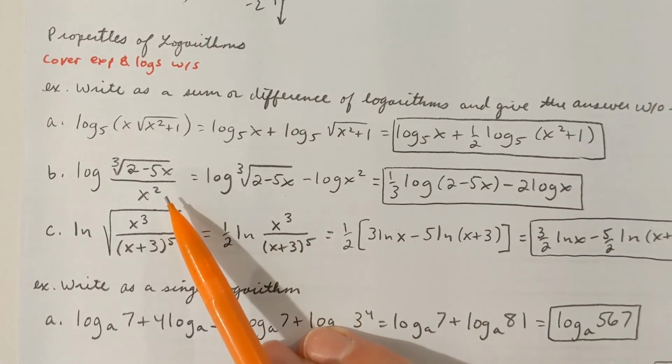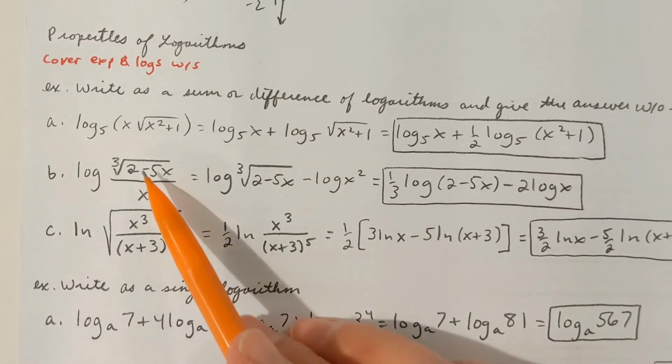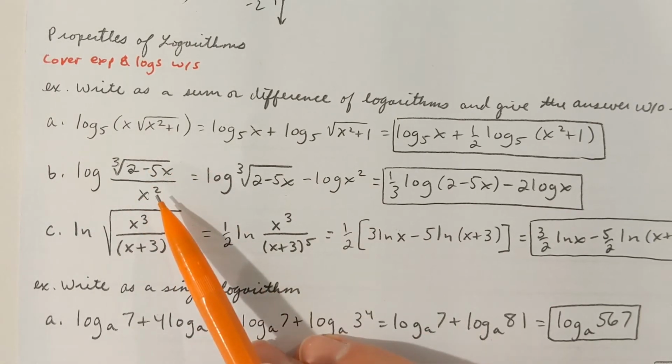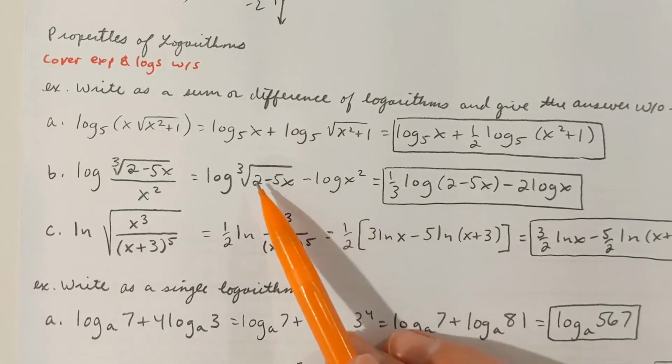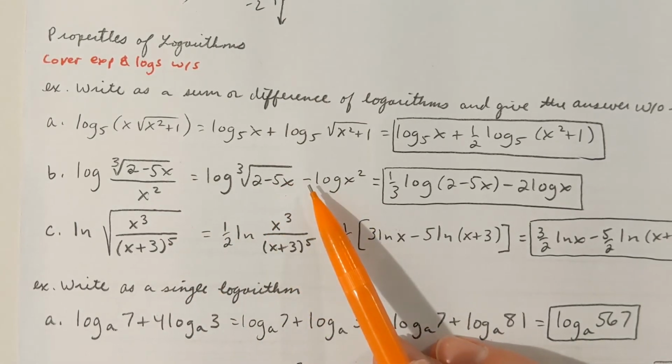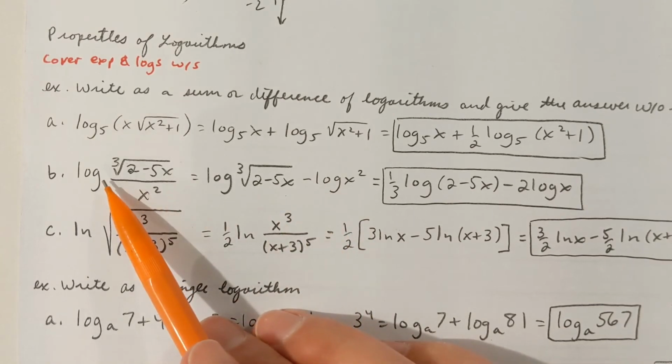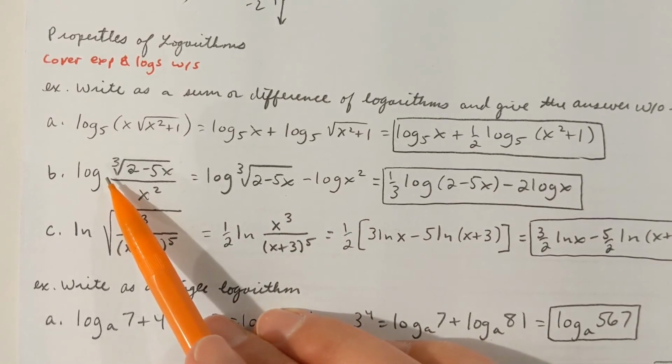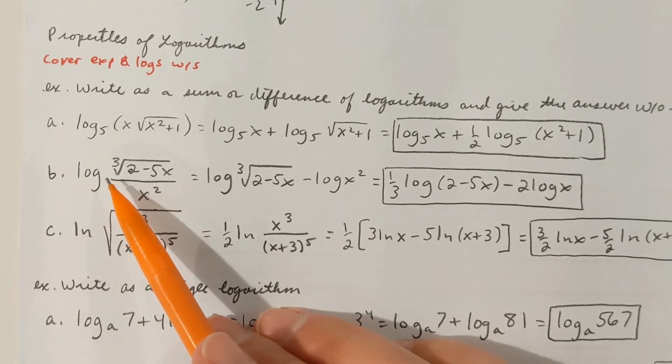Part B, when we simplify this logarithm, of course the operation inside is division. So law 2 says that you can split this into two logarithms where you'll be subtracting. Now I don't have a base here. Remember that whenever we don't have the base, it's understood to be base 10. You could write the 10 if you want or not.